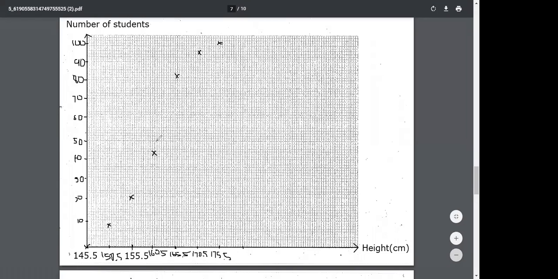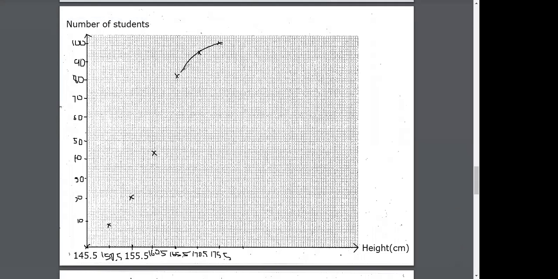But in the exam graph paper, we can draw very smoothly, because the points are enough for you to draw a smooth ogive. So this is the ogive you will get. You must draw very smooth, so try to practice drawing more.